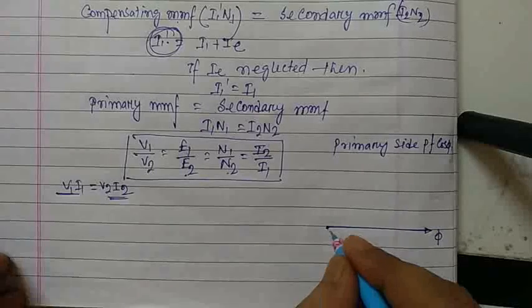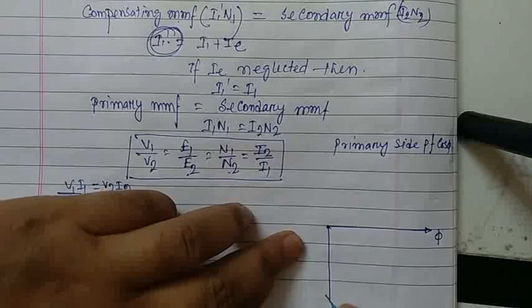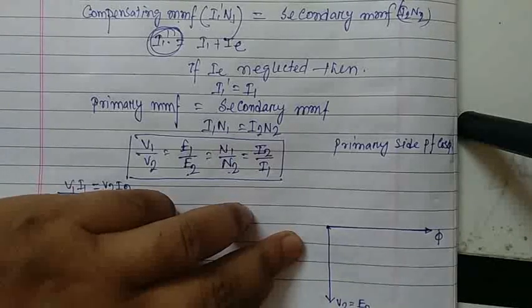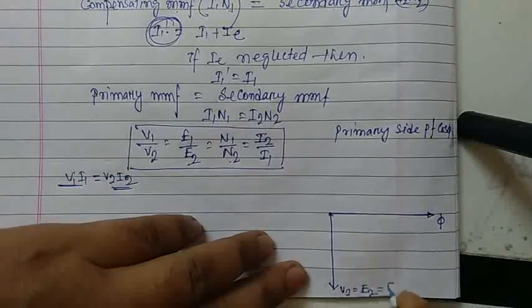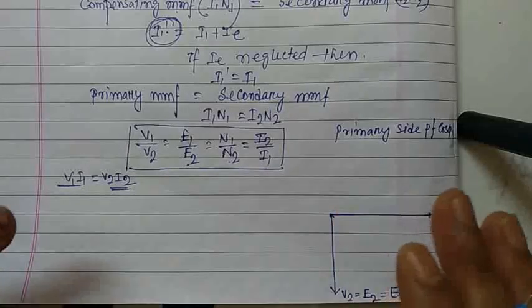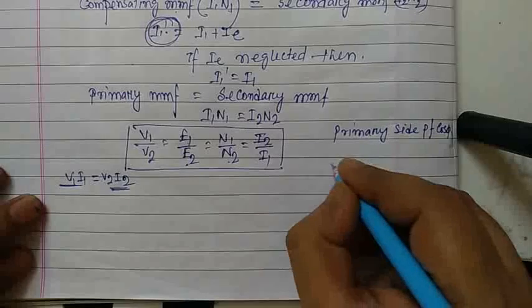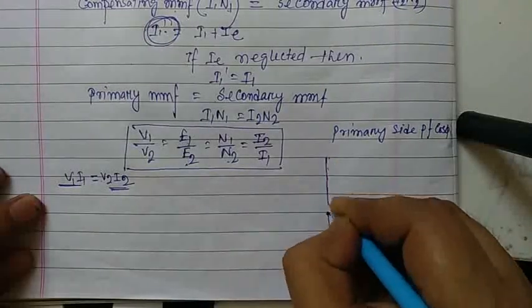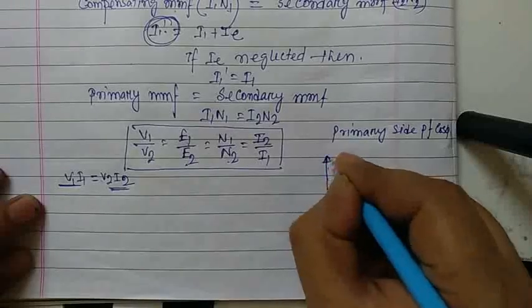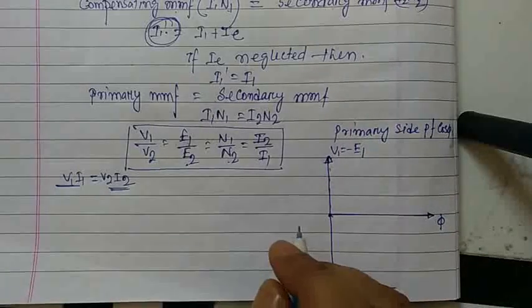Now, as per the equation V2 equals E2 and E1, for an ideal transformer V1 must be equal to E1, so V1 is minus E1.